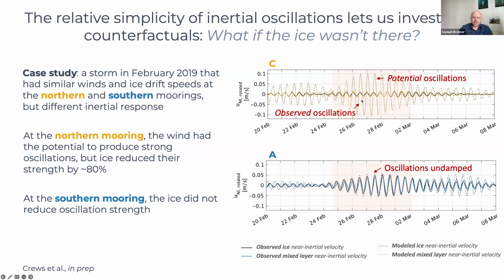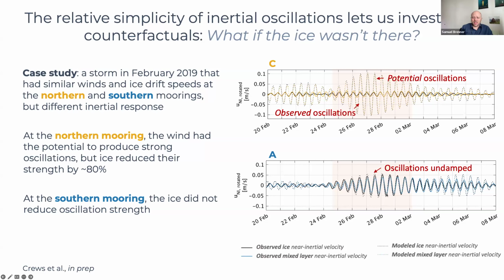But the observations here at this northern mooring showed that the inertial oscillations were much weaker than what they potentially could have been if the ice didn't have an effect. And so that's telling us that the ice had a really strong impact on reducing the strength of the inertial oscillations, in this case, by about 80%.